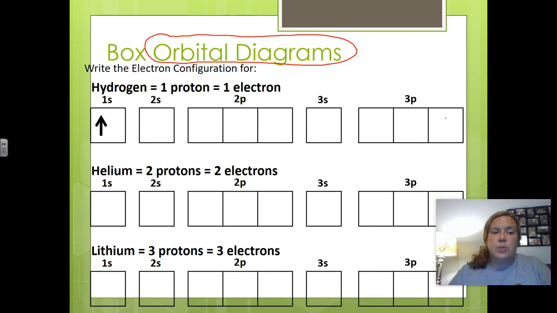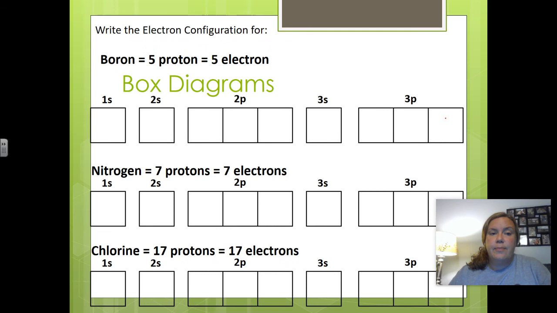So what happens here is we have hydrogen. Here's our orbital box diagram for hydrogen. We put 1 electron in a 1s orbital. For helium, we have 2 electrons total, so our first s orbital is going to have 2 electrons. Lithium, we have 3 electrons. Boron, notice we have 5 electrons.